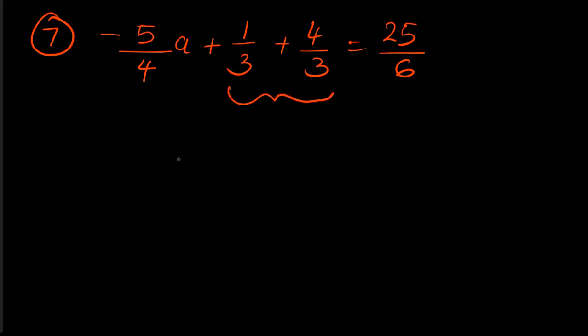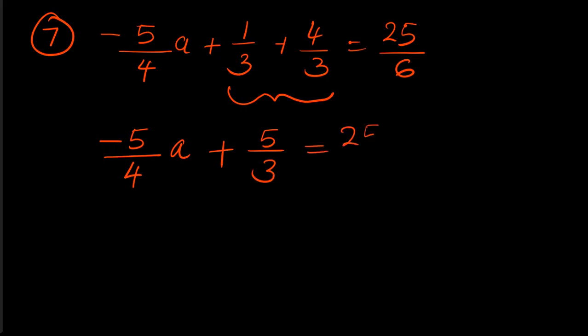So first combine them. They are like fractions, with the same denominator, so we can just add their numerators. So the equation changes to negative 5 over 4a plus 1 plus 4, 5 over 3 is equal to 25 over 6.